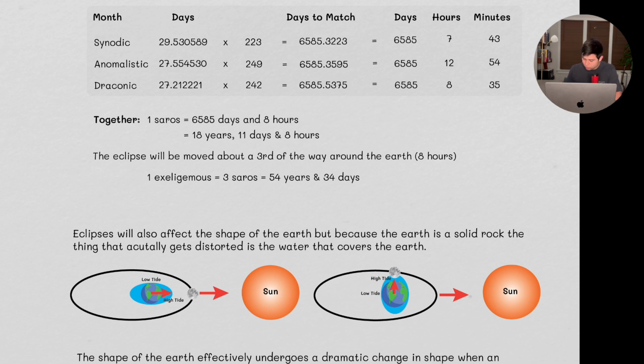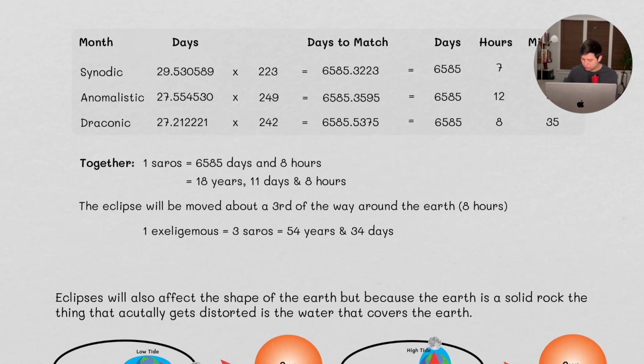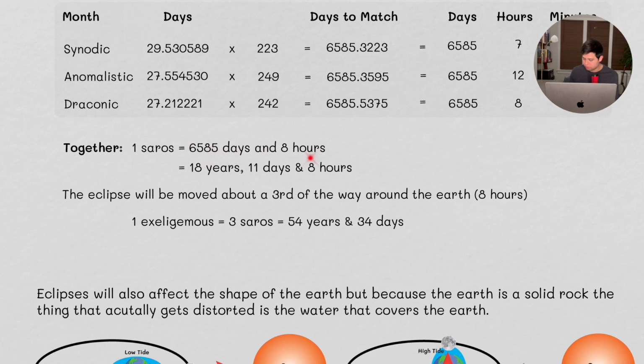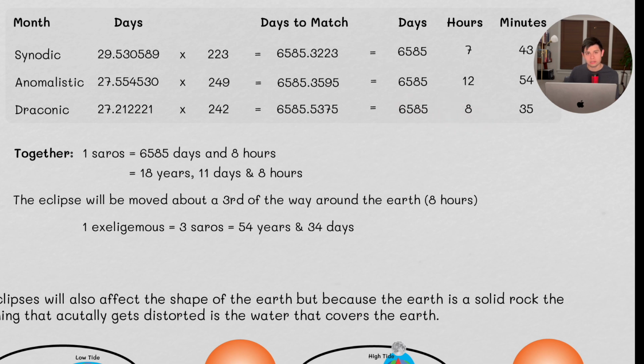So what does this all mean? Well, if we define 1 saros as roughly 365 days and 8 hours, between all of these numbers right here, we're going to say that 1 saros is about the median-ish. It's a little bit more on the low side of things.